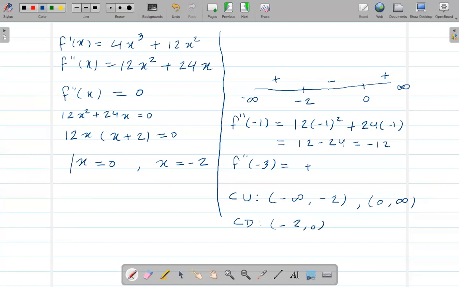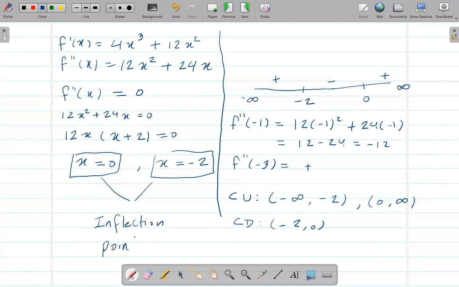And these two points here are going to be inflection points. Why can we say this? Like I said, an inflection point is a point where concave upward changes to concave downward. From here to here it's concave upward, so after this point it changed from concave upward to concave downward. That's why this is an inflection point. Similarly, from here it's concave downward, and after that it's concave upward, so this is also an inflection point.